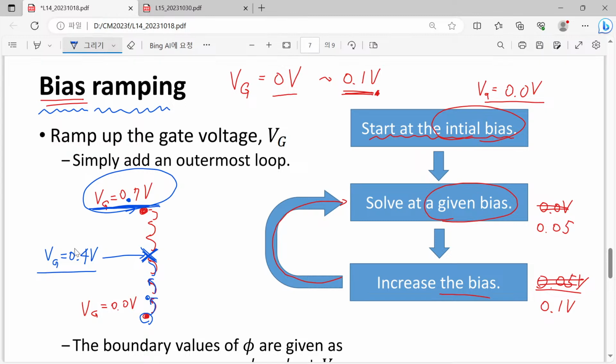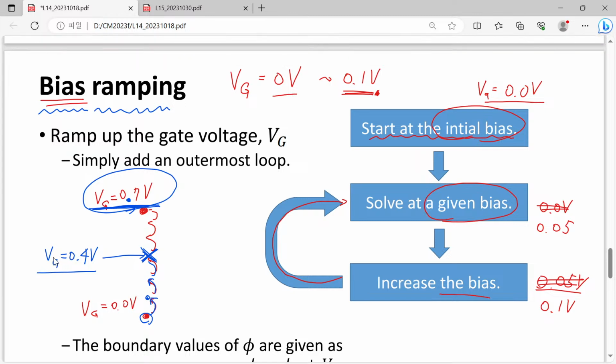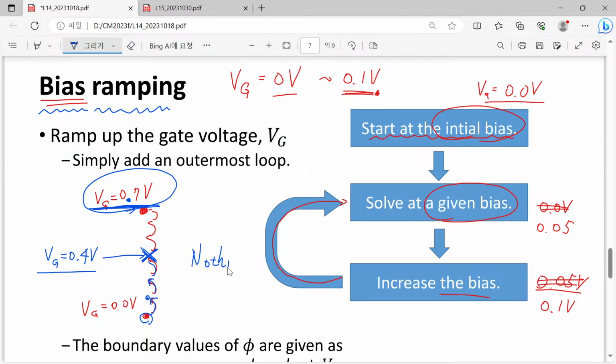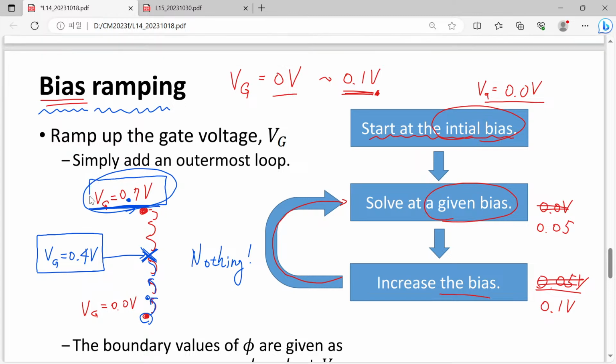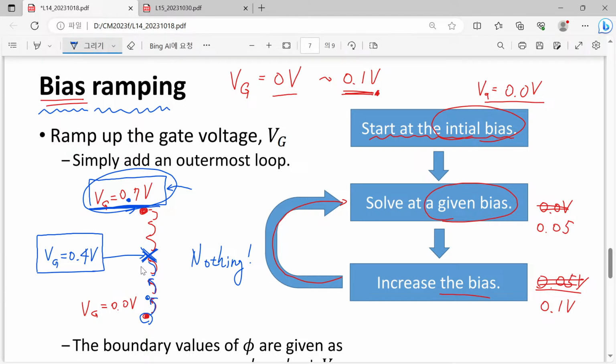Now assume this situation: what you get is just nothing, because the solution at 0.4 volt is not the solution at your target voltage. You are interested in this bias condition. The intermediate solutions appearing in this bias ramping are not that interesting to us.